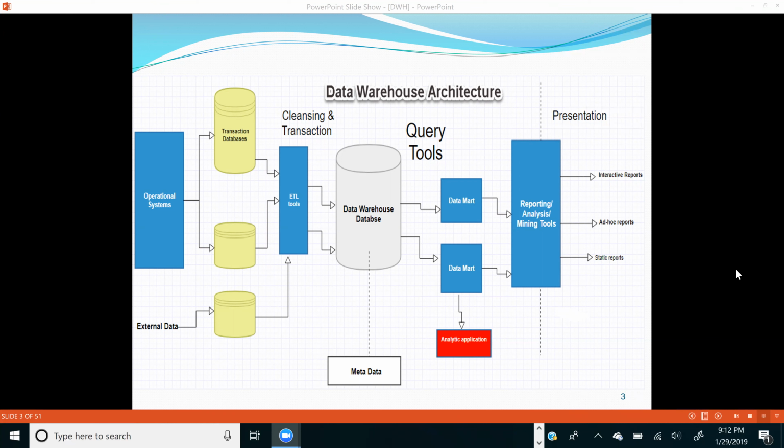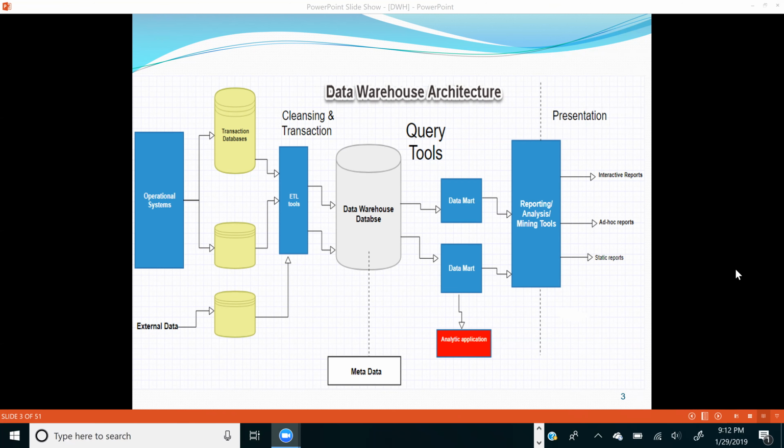So whether it is online screens, or you walk into a store where the customer executive is scanning your products, that is also an online system. All these online systems, be it the web or the store, are built by front-end technologies.